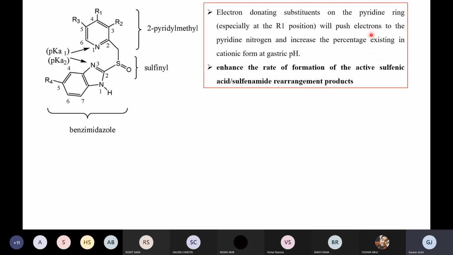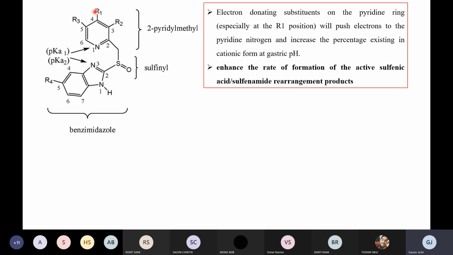So what the electron donating groups are doing is pushing electrons to the pyridine nitrogen, and when there is more electron density, this will become more negative, and there will be very high chances that it gets protonated. Whenever there is a negative charge, the positive hydrogen can attack very easily.